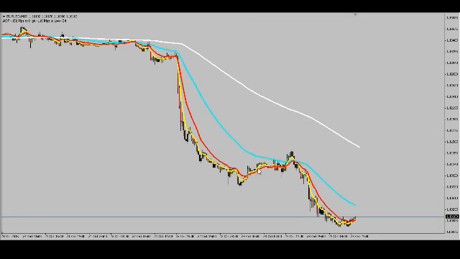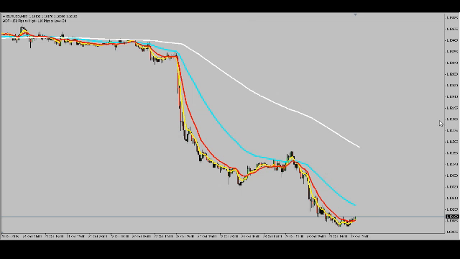Price breaks out, then pulls back in. Once price comes back to the Mayo, we'll see it either cross over or break out again. It's pretty much a change of cycle: right now it's in a down cycle, then it'll be an up cycle, then a down cycle.